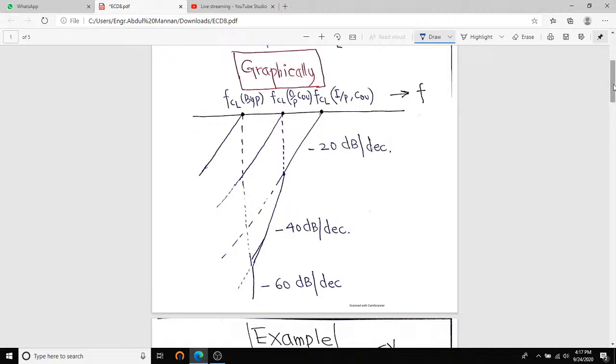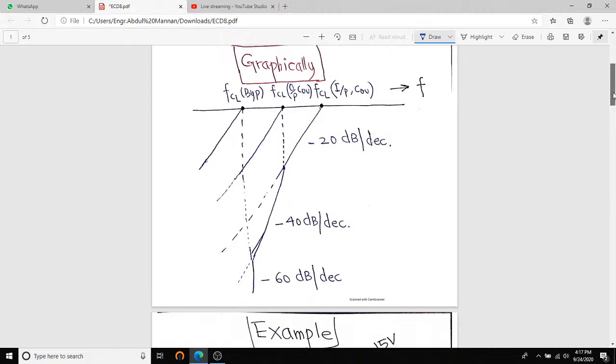So it keeps on decreasing, but at first FCL this is minus 20 dBs per decade until we get the second FCL, after which it becomes minus 40 dBs per decade until we get the third FCL, after which it is minus 60 dBs per decade.